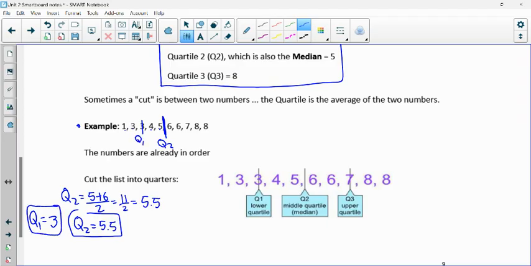That's our Q1. And then to find my upper quartile or Q3, I'm finding the middle of these 5 to the right, and that would be this 7 right there. Again, double check. I have 2 to the left of that cut line and 2 to the right. And that way we know it's actually the middle number. So we have Q1 is 3, Q2 is 5.5, and Q3 is 7.